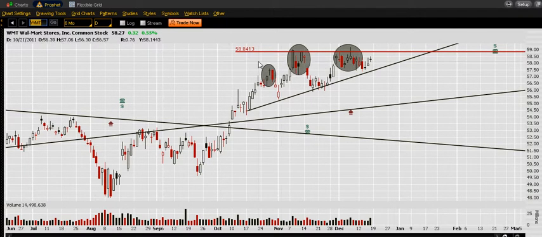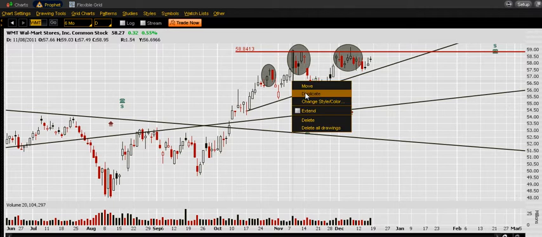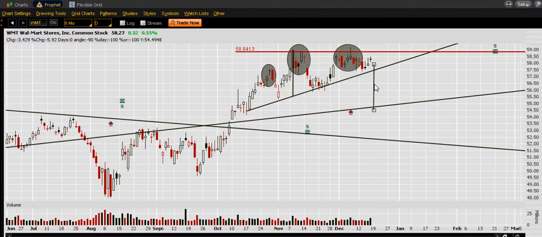And our price target will be conservative, going from the middle of the pattern. Price target, if it broke out to the downside, would be about $54.50. And if it broke out to the upside, it would be $62.